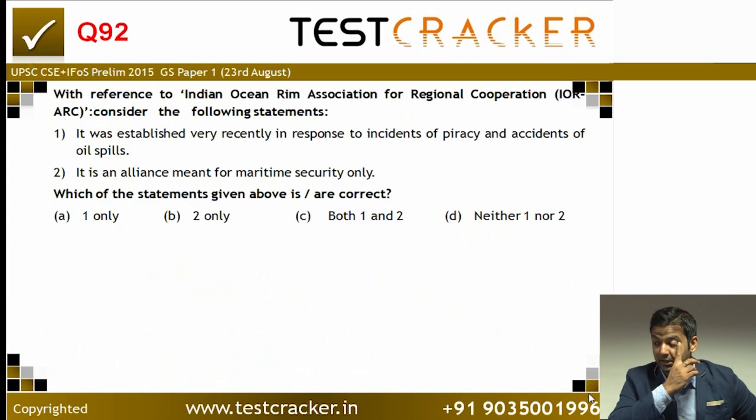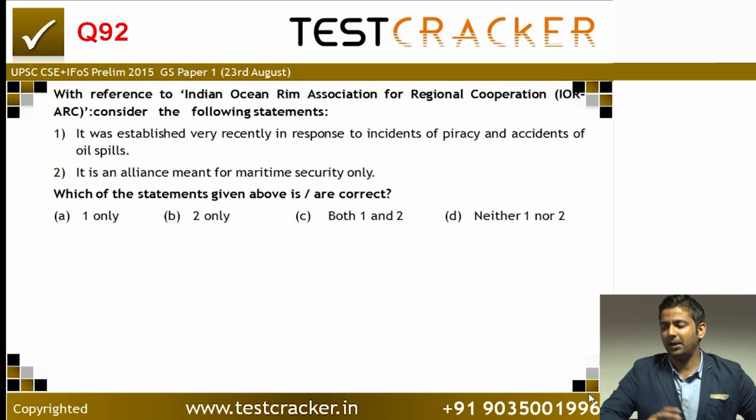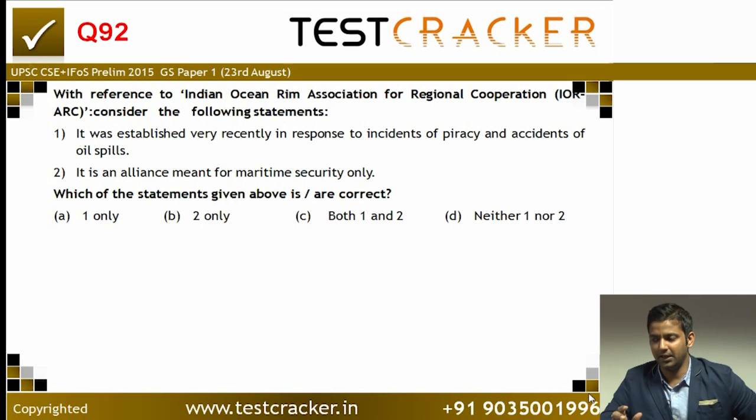Indian Ocean Rim Association for Regional Cooperation, again one grouping of which India is a part of. You can answer this question without much knowledge about Indian Ocean Rim. Read the statement. It was established very recently in response to incidents of piracy and accidents of oil spills. Right?